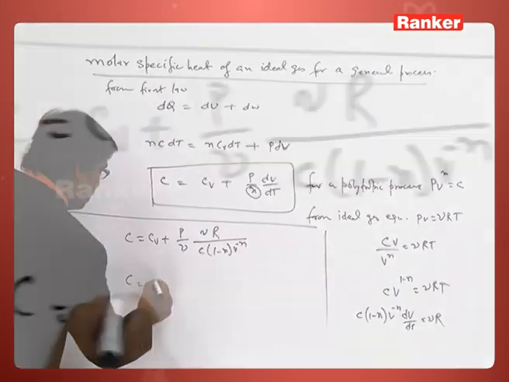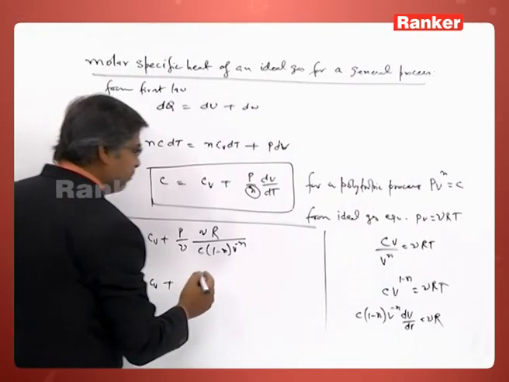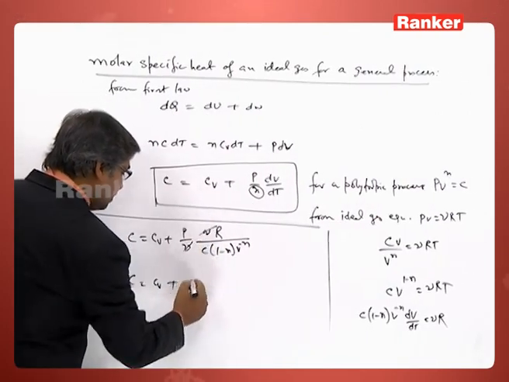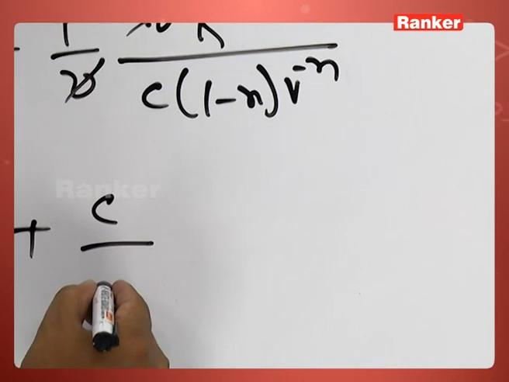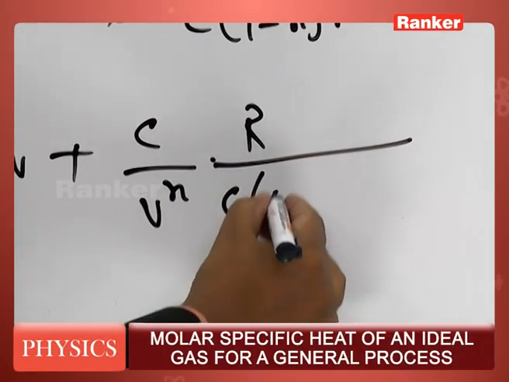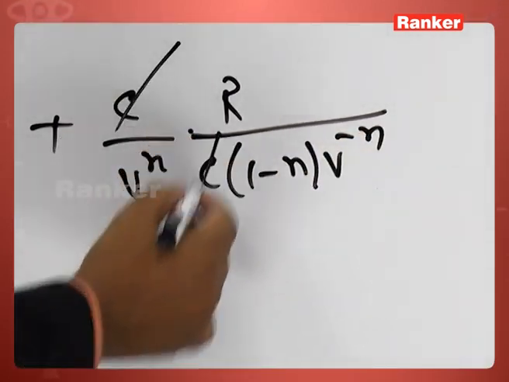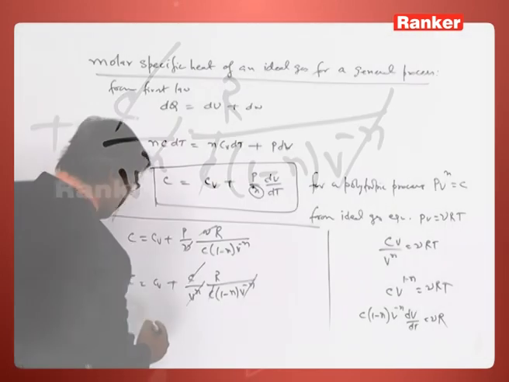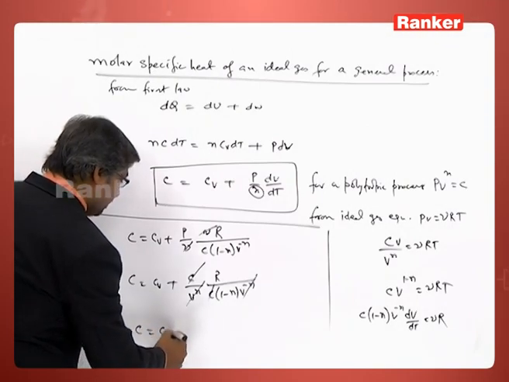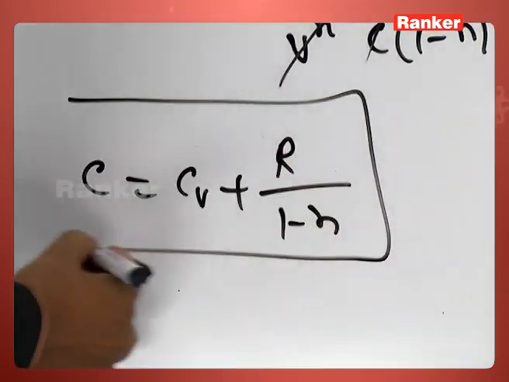So C is equal to Cv plus P. You see P is equal to C by V to the power n, nu cancels, so C by V to the power n times R upon C(1 minus n) into V to the power minus n. So this C cancels, and V to the power n minus n cancels. So it becomes Cv plus R by 1 minus n.